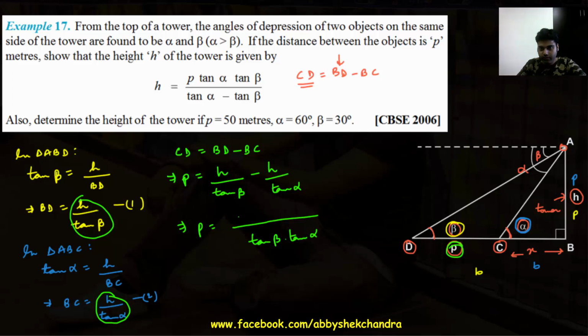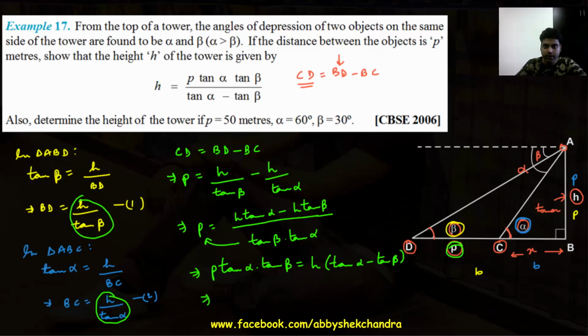Here will be H tan alpha minus H tan beta, or take this tan beta into tan alpha to the other side. So we get P times tan alpha into tan beta equal to, on the RHS we'll take H common, we'll get tan alpha minus tan beta.